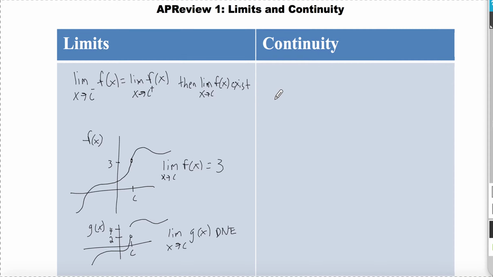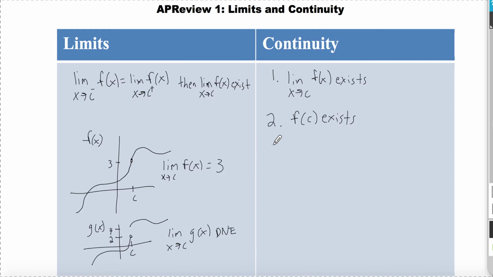In continuity land, or at least in describing and thinking about continuity, there are 3 important things you have to check. And if you see these on questions, we need to list them out. 1, we need to make sure that the limit as x approaches c of f of x exists. That is relatively easy to check, just like we did over here. We need to make sure the limit exists, so you do those things in our limit definition. 2, we need to make sure that f of c exists.